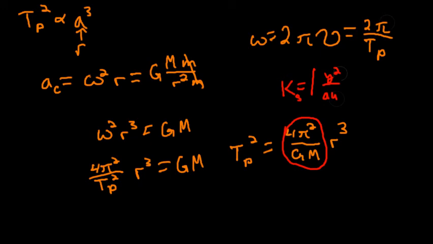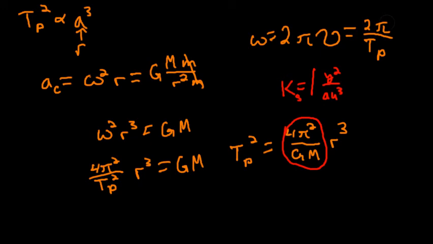Now, this almost looks like the third law equation that we got. We just need to multiply by T_P squared and divide by GM.